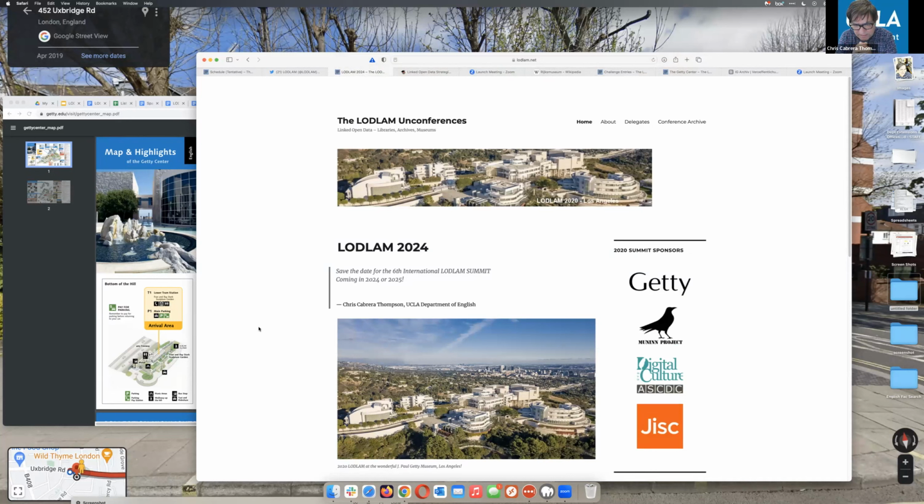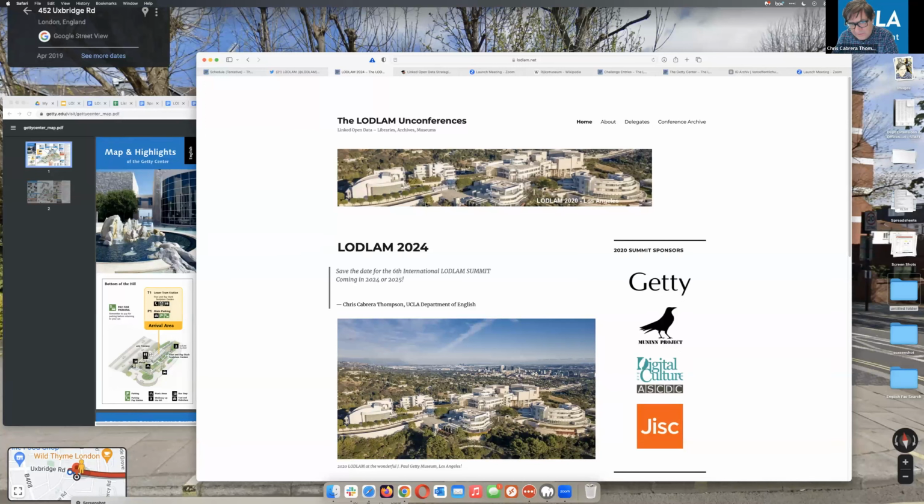We're looking at a site for 2024, possibly in Paris, France. That depends on a couple of things, the site that we're looking at and the sponsors. We hope to do it not in the US. We're hoping that we can do it in Paris, France for our next site.